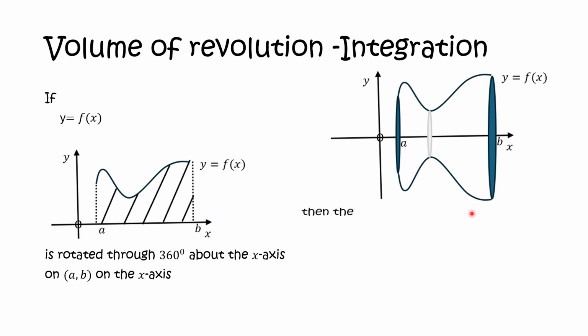Then the volume generated is given by Vx is equal to pi times the integral from a to b of y squared dx. That is what we would make use of in this section.